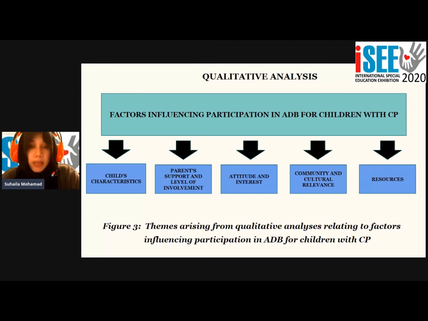For example, in my case study, the venue for the training session, which is only in Gap Center in Cyberjaya, involved cost to some parents and was highlighted as an important consideration. And some parents also mentioned that they have other commitments and can't commit to training for ADB.